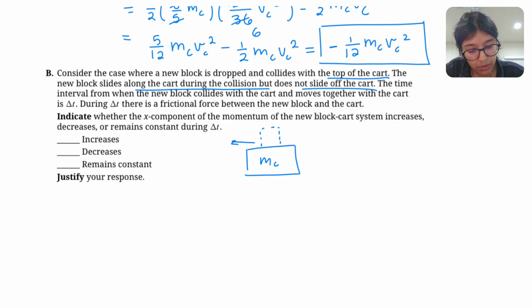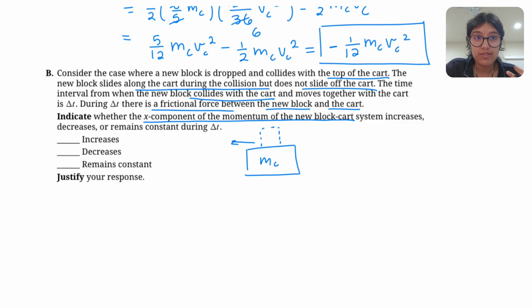The time interval from when the new block collides with the cart and moves together with the cart is delta t. During delta t, there is a frictional force between the new block and the cart. Indicate whether the x component of the momentum of the new system increases, decreases, or remains constant during delta t.